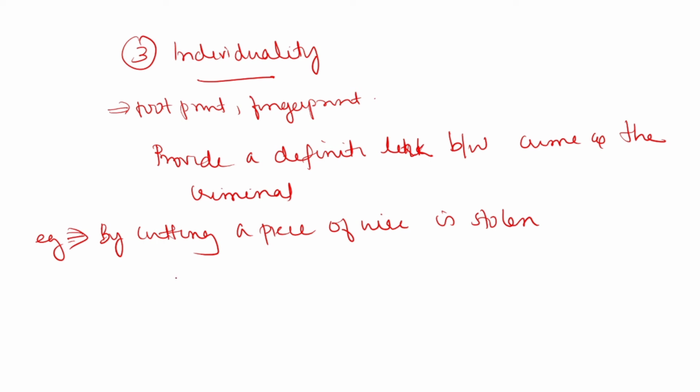The wire is found to have been cut with the tool recovered from the suspect. The theft is pinned to him. This is so because no two tools, even of the same make and made one after the other, will have an identical surface.